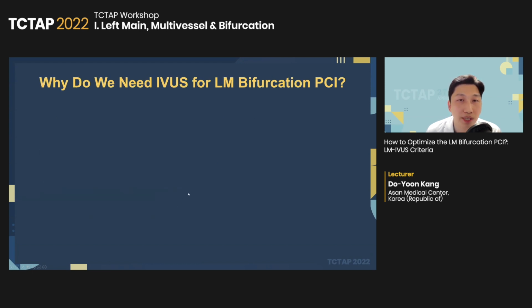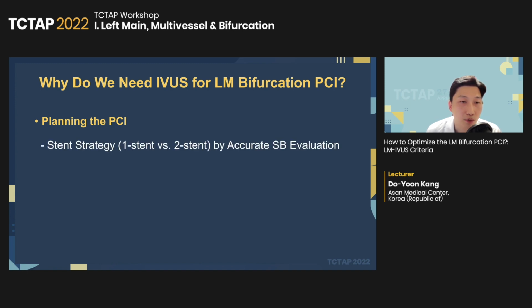Then why do we need IVUS for left main bifurcation PCI? First, it is an essential tool for planning the PCI. As the two lecturers discussed, the stent strategy, provisional or upfront two stent, is very important for planning PCI. And IVUS enables accurate side branch evaluation and helps to select the proper strategy.